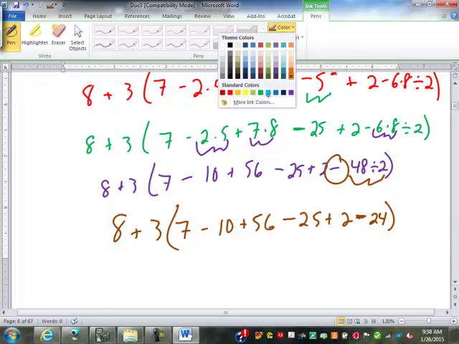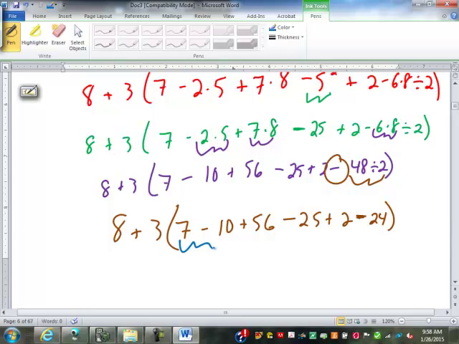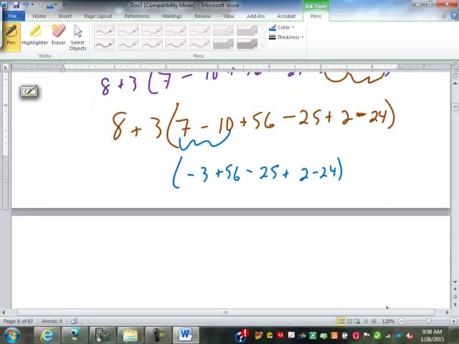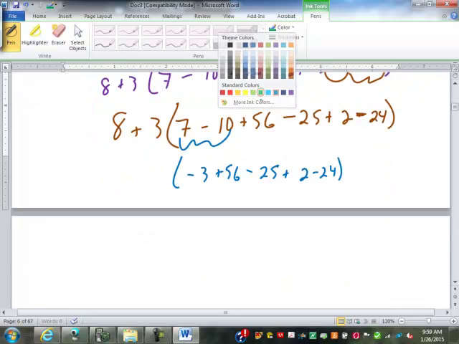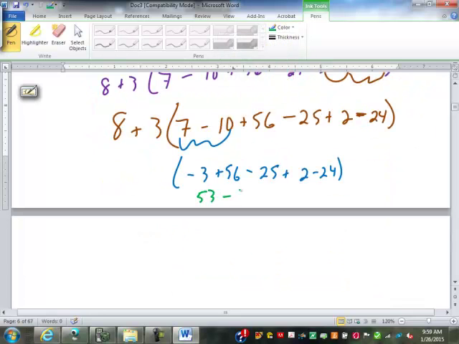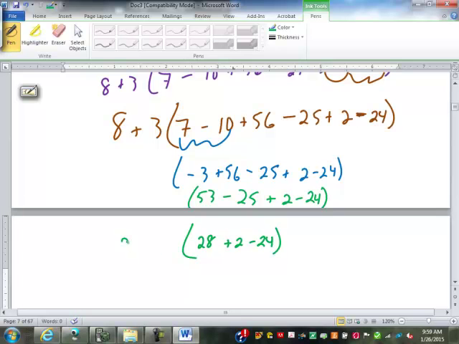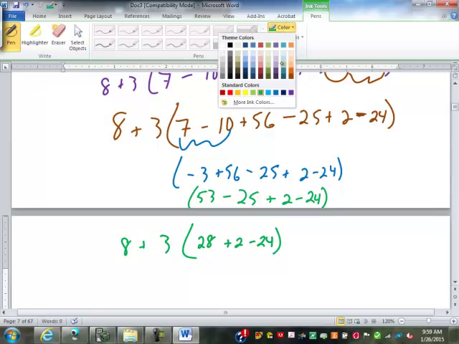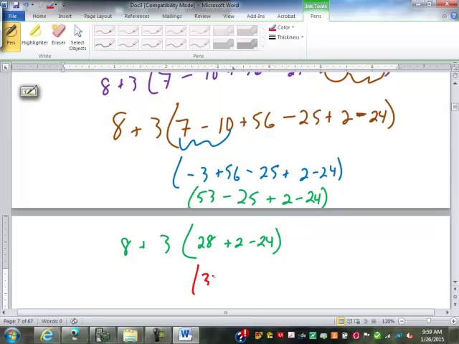Now it's adding and subtracting inside the parentheses. 7 minus 10, negative 3. Negative 3 plus 56 is 53. 53 minus 25 is 28. 28 plus 2 is 30.